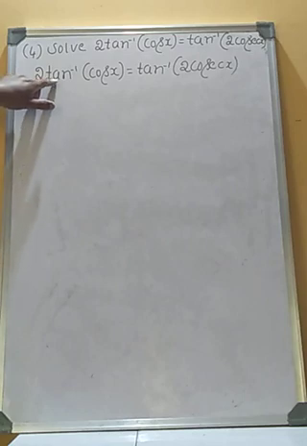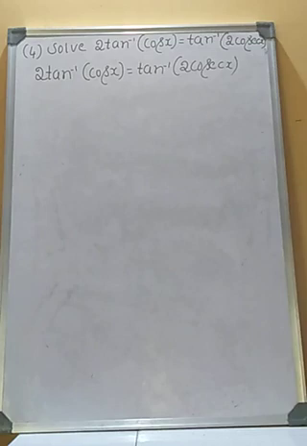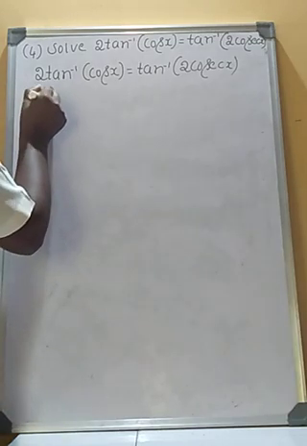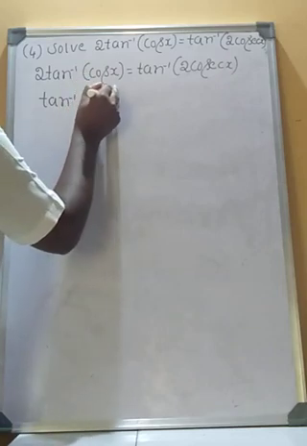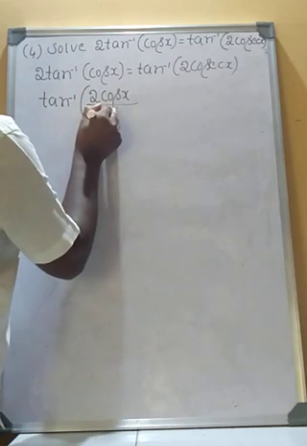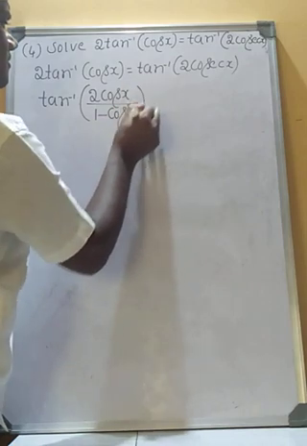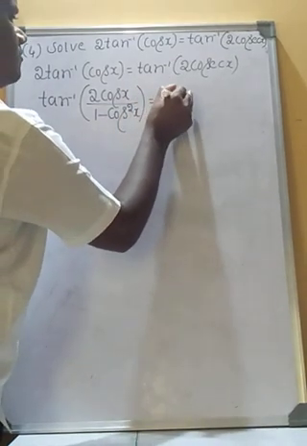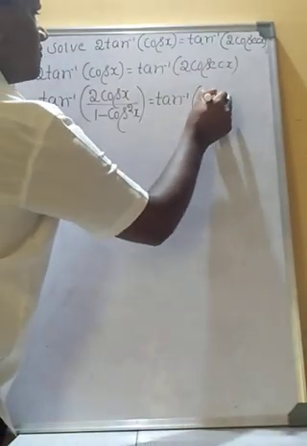You know the formula: 2 tan inverse x is equal to tan inverse of 2x divided by 1 minus x square. Tan inverse of 2x, where x is cos x: 2 cos x divided by 1 minus x square, that is cos square x, is equal to tan inverse of 2 cosecant x. Write as it is.